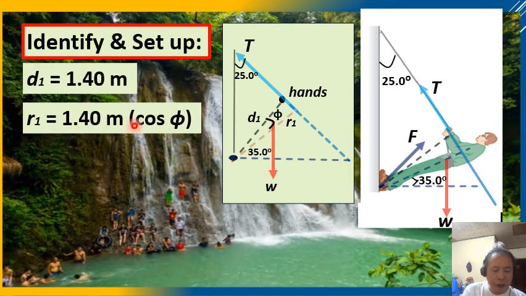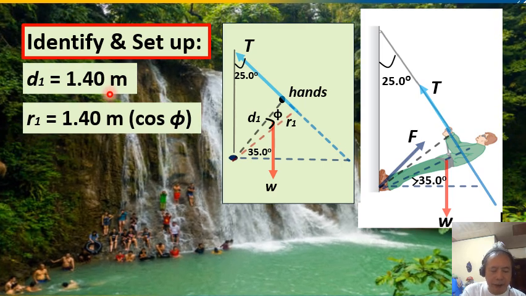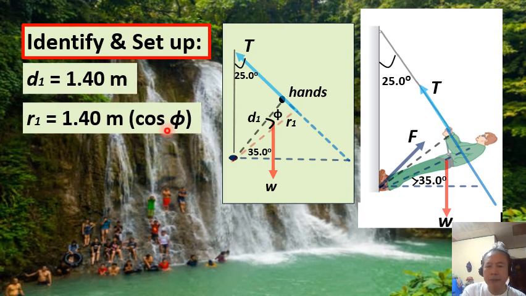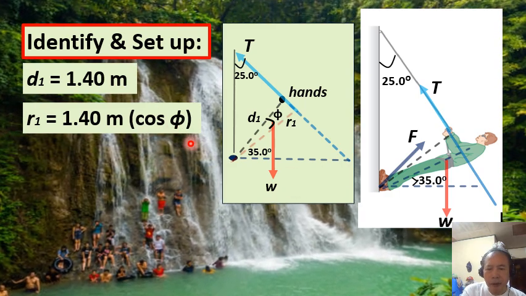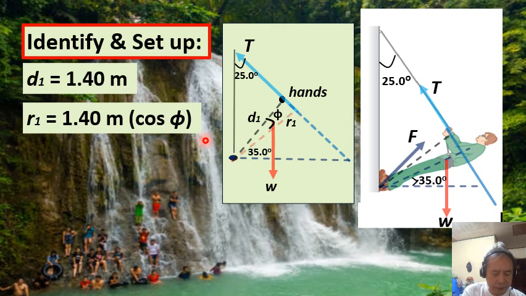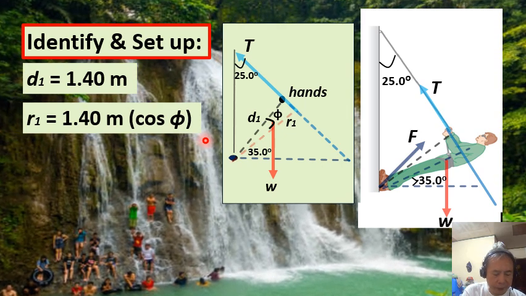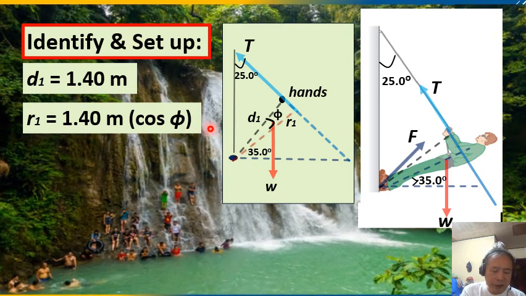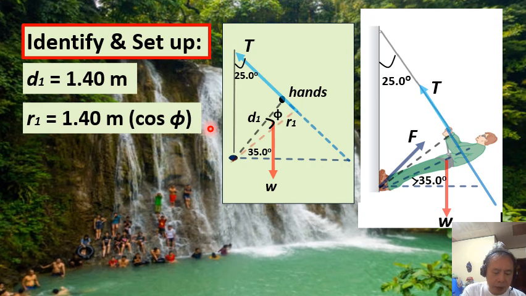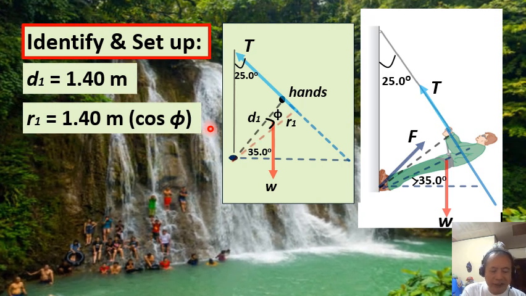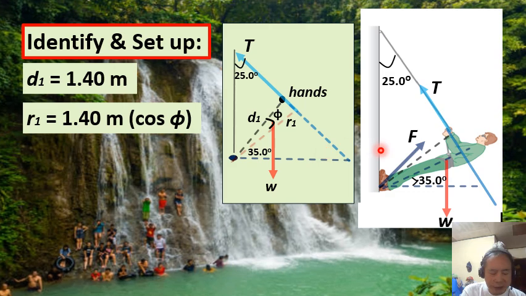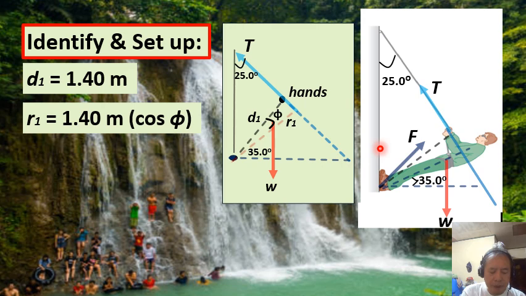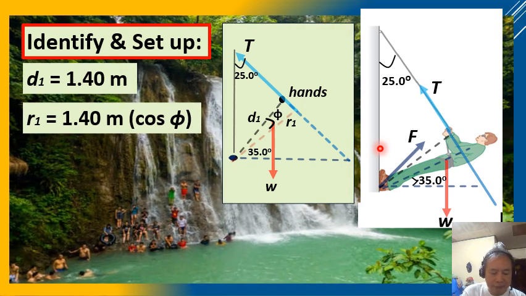The distance D1 and the perpendicular line R1 actually form an angle which we label here as angle phi. Hence, we can imagine a right triangle with R1 as the adjacent side, D1 as the hypotenuse, and the small length of the rope as the opposite side.